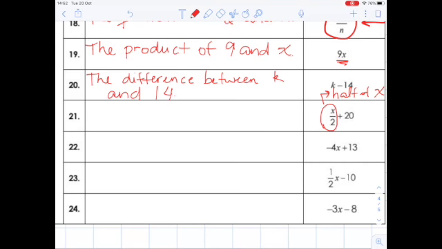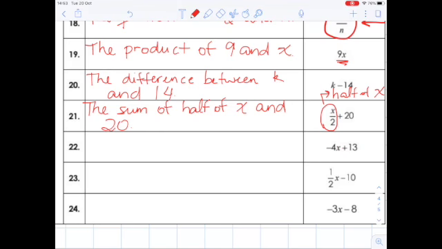Because x over 2 is half of x. So I could say the sum, because I have the sum, right? The sum of half of x and 20.